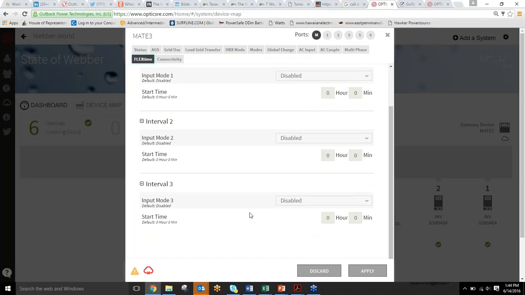Maybe at 8 in the morning there's some other thing you want to do. Maybe it's strictly staying in grid tie in the morning because your batteries will be full and the utility allows you to sell back. I don't know, but essentially you can change up to 3 times a day here, and the mode changes with it.